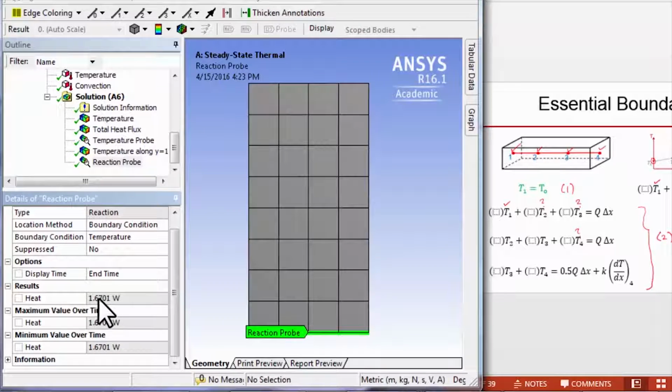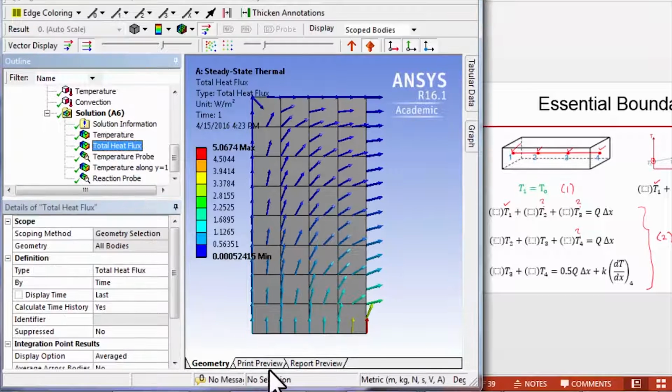And that tells me that the net heat flow through that boundary is 1.67 watts, and the direction is into the domain, so that it's taken as positive.